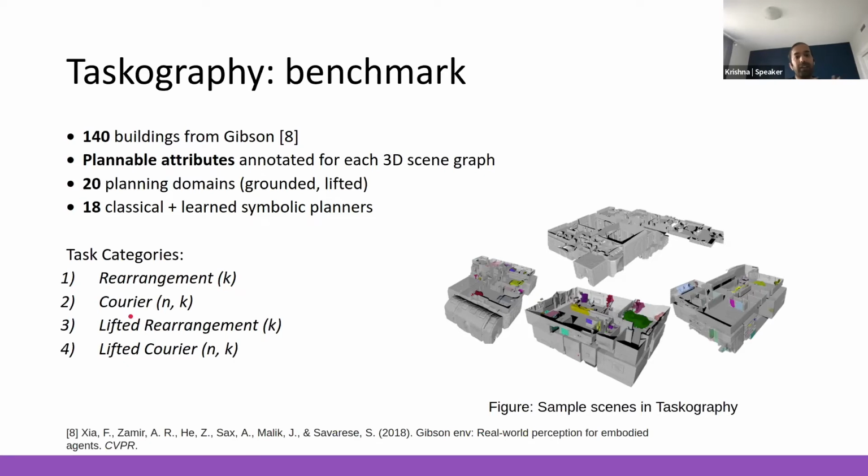But in courier, we have a robot that has a knapsack of capacity n, and each item has a particular weight in terms of the amount of space it occupies inside the knapsack. And the robot now has these stow and retrieve actions, which it can use to stow and retrieve objects from the knapsack. So this is effectively embedding a combinatorial optimization problem within a simpler rearrangement planning problem. So you'd expect courier to be significantly harder than rearrangement.